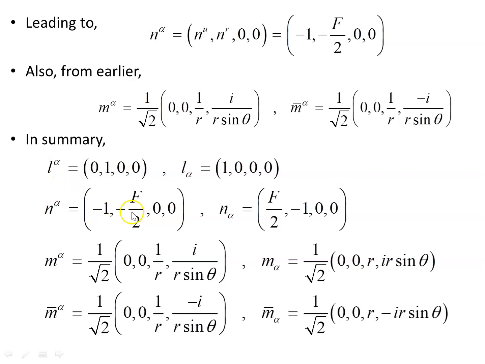Same here. Notice these. If we do the scalar product here, we're going to have n with itself. We're going to see that these will cancel out: -1 times f on 2 plus f on 2 times 1. They'll go to 0. So again, null vector condition is satisfied. This and this, we'll see that m dot m will also give us 0.